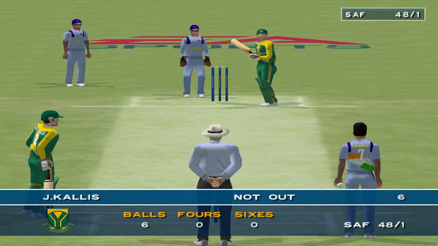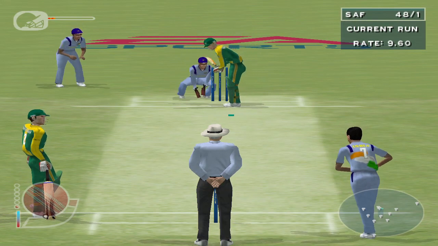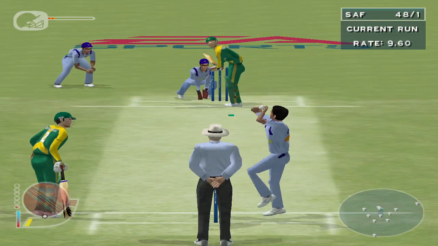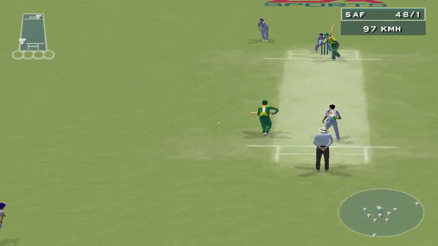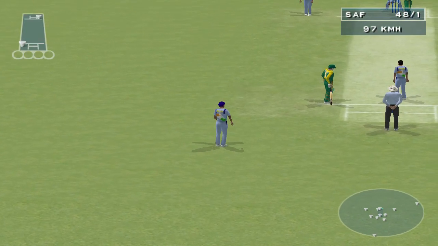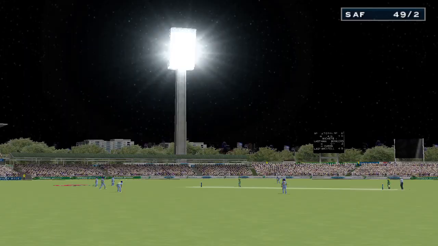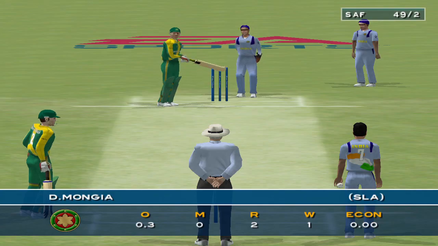Mongia to bowl to Cullis. There's the umpire's signal. No ball. You can't afford to bowl too many no balls in one-day cricket. It's straight at Cafe. So they need 130 to win.